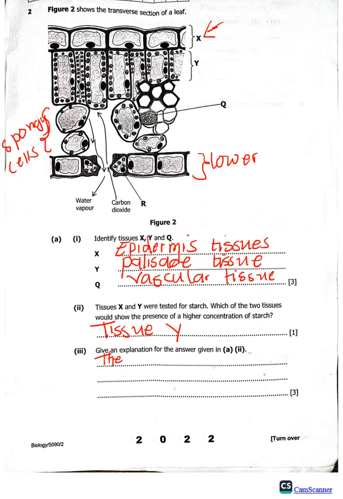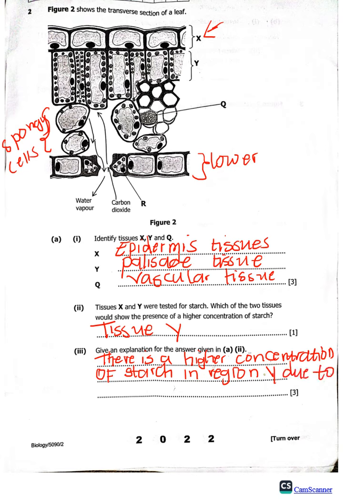So there is a higher concentration of starch in region Y due to high concentration of chloroplast.